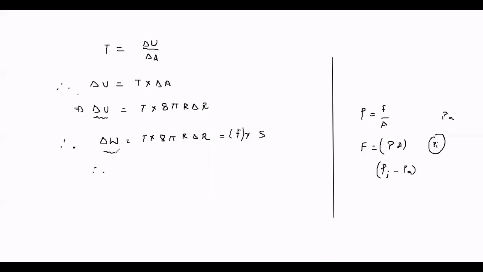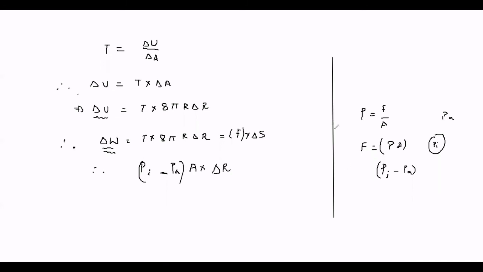And if this is the delta W, I can substitute directly. Pi minus Pa into area into distance, or instead of distance I can write delta R, because since it is delta W, this should be delta S. So delta S here is my delta R, as we can see from the figure in the last slide.